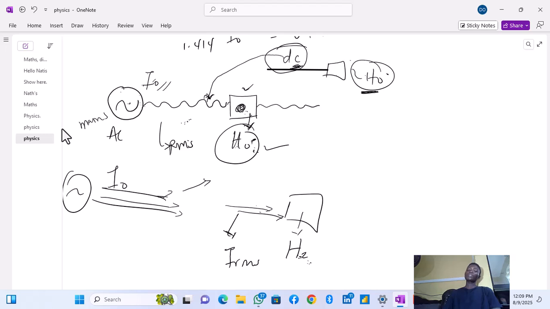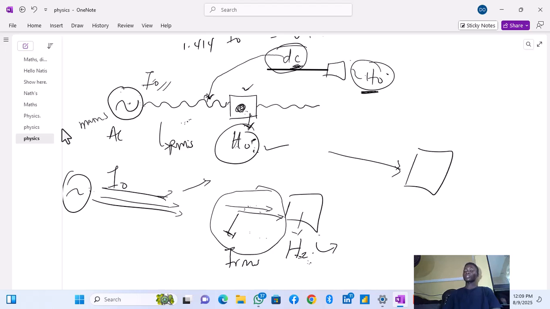So now, what the RMS value is telling us is that, for me to know the value of this current, I know the value of my current that's coming from here, but I don't know the value of the current that is producing the heating effect that eventually got to this place. I don't need to stress myself with the current. All I need to do is to get this heating effect, let's say H2, get a DC, and apply it to the same resistor of the same value.